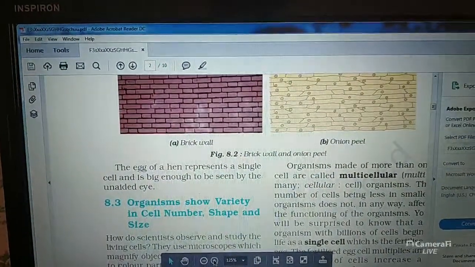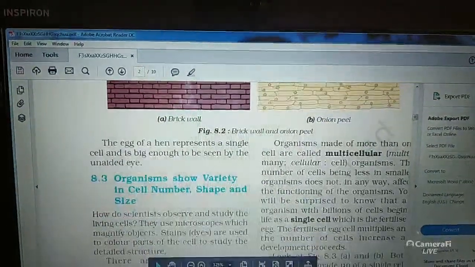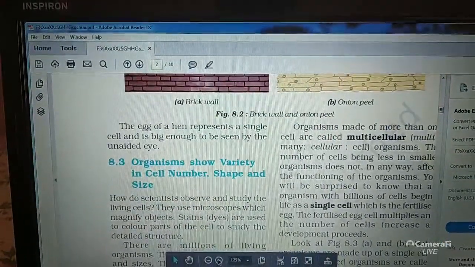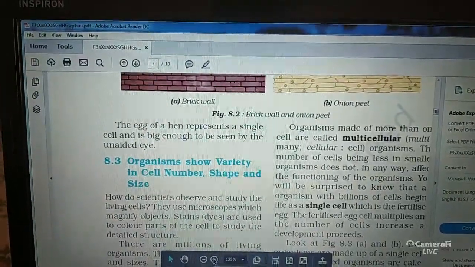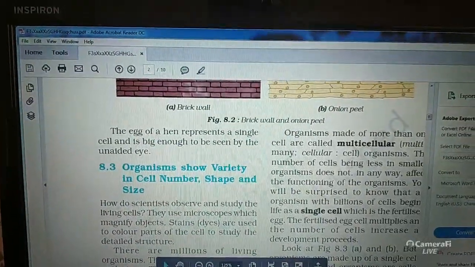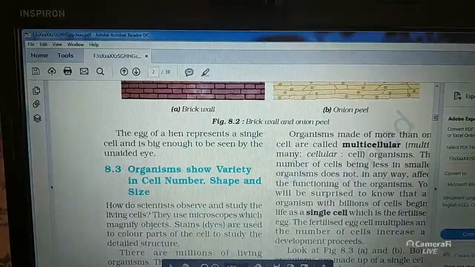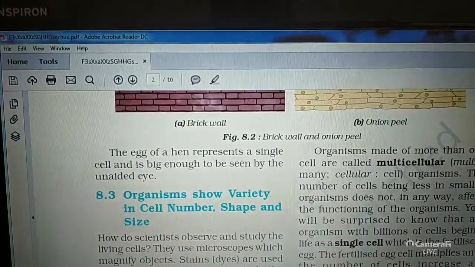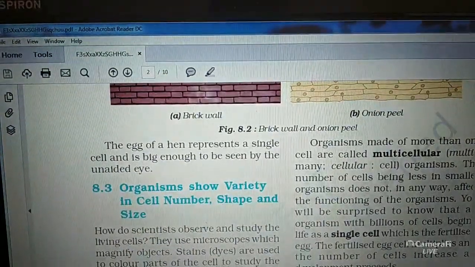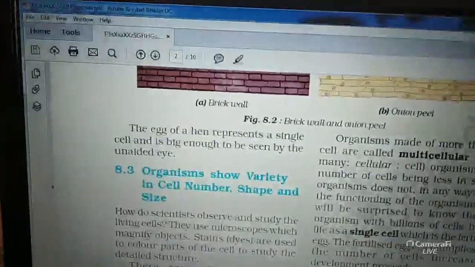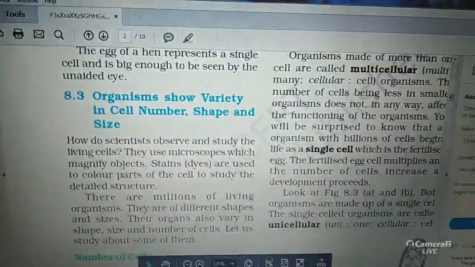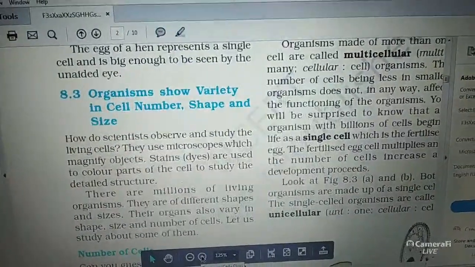You were confused, but you have given the answer, very good. Good approach. Here it is written, the egg of a hen represents a single cell and is big enough to be seen by the unaided eye. Now I am going to multicellular and unicellular organisms.